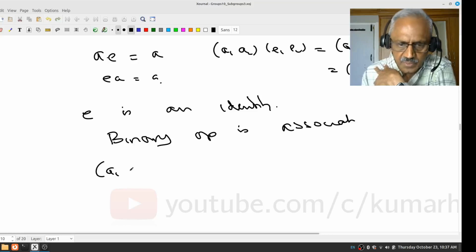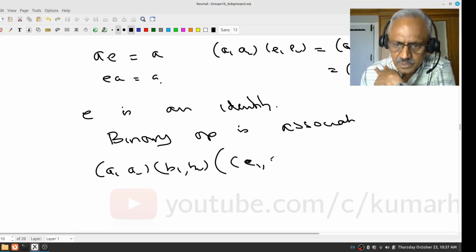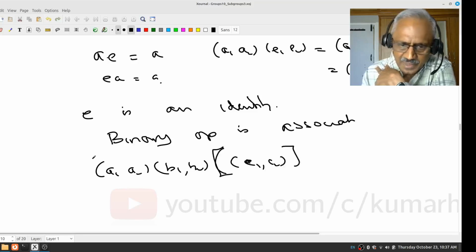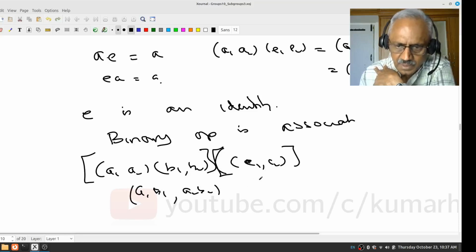For example, (A1, A2), (B1, B2), (C1, C2). There are so many brackets. I hope you understand this. I'm grouping them: this is (A1 B1, A2 B2) and then (C1, C2).